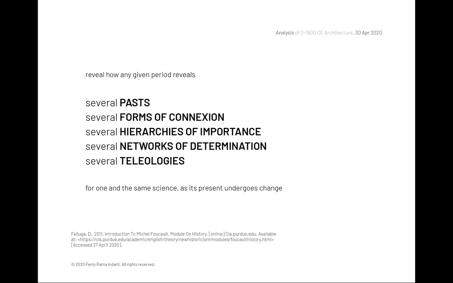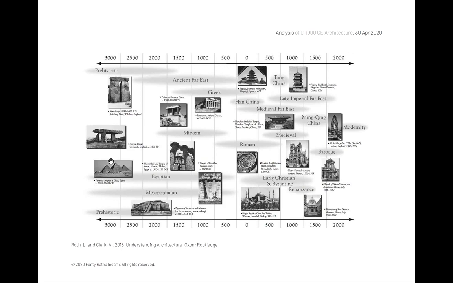It means that each part of your analysis will reveal several pasts. It means several histories, the background, the context, the political, the social context, and then the political context. It's only several pasts, not all the past, as you can see in this image. This is the period.